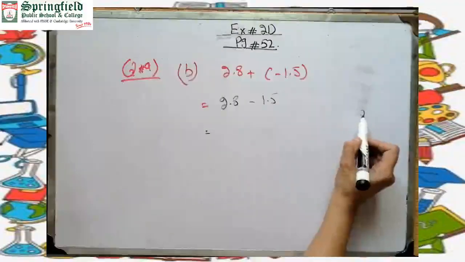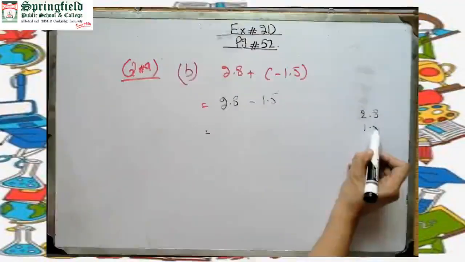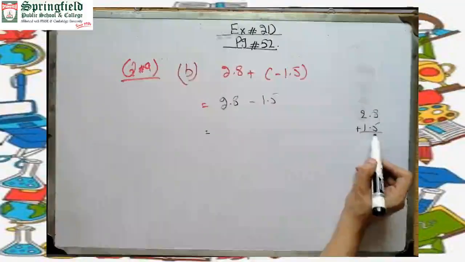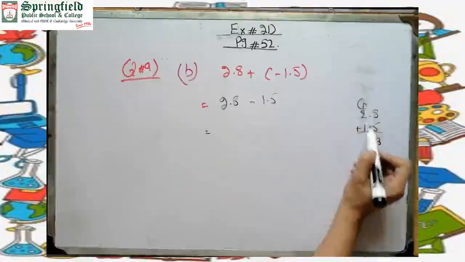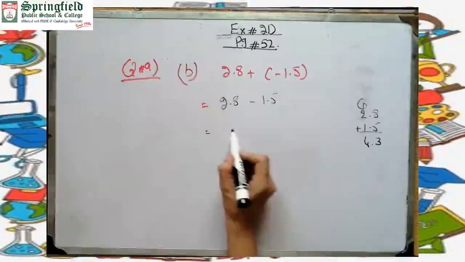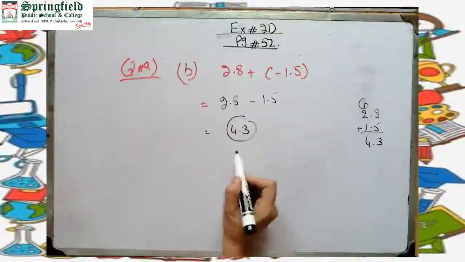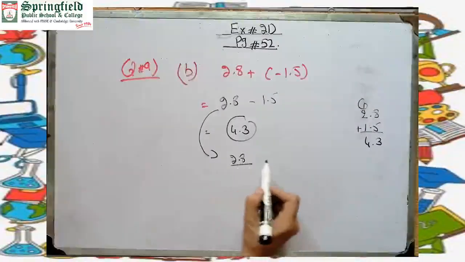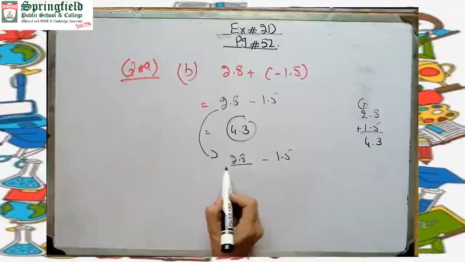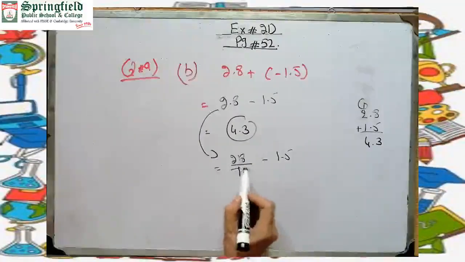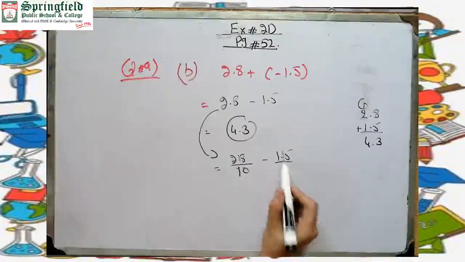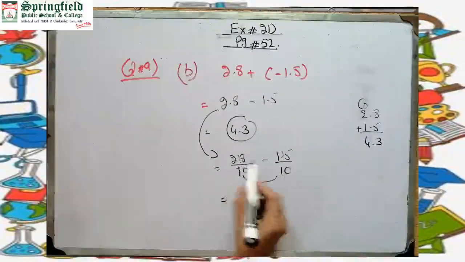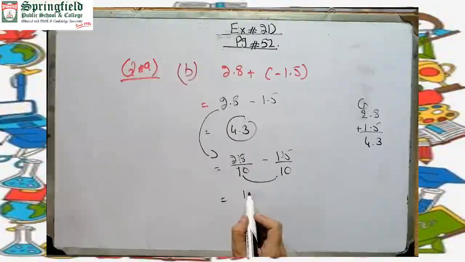So add these two numbers directly. 8 plus 5, 8, 9, 10 and 13, 2, 1, 3 and 4, 4.3. You can solve directly, and you can solve by the second method, which means first we will remove the point, write down 10 in the denominator, again remove the point, write down 10. Here the denominators are the same, so subtract 28 minus 15. What will be the answer?